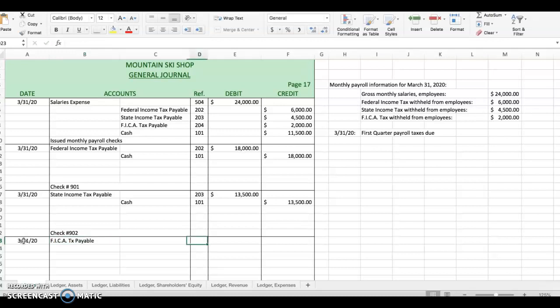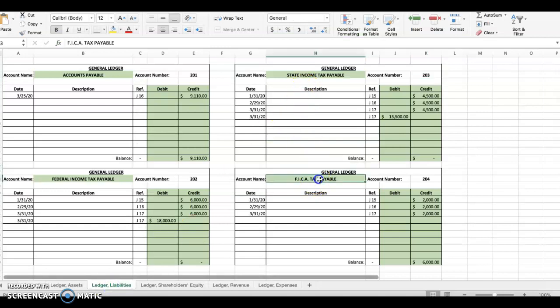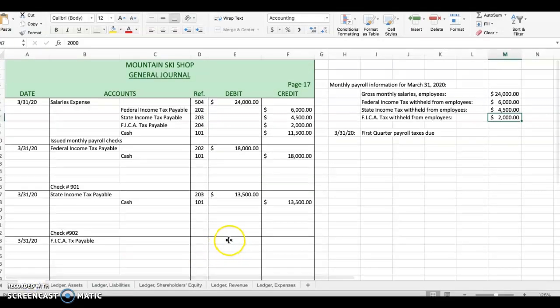FICA tax payable. Well, we didn't spell it right, but that's okay. So we need to make sure we are debiting the correct amount. It's not $2,000, but we have to look in the liability, and we see that under FICA tax payable, the total amount due is $6,000. So that's what we're going to debit by $6,000. And once again, cash is credited by the same amount.